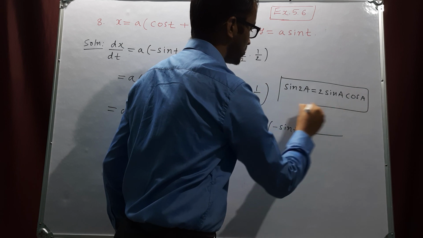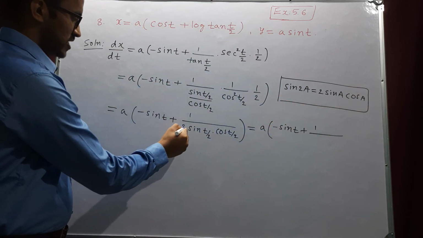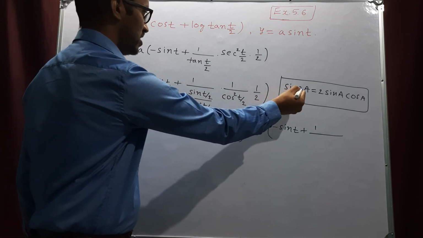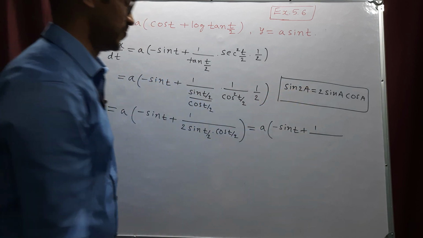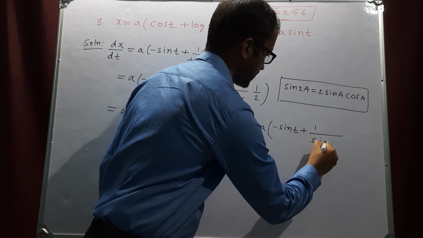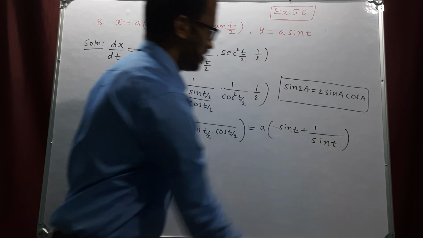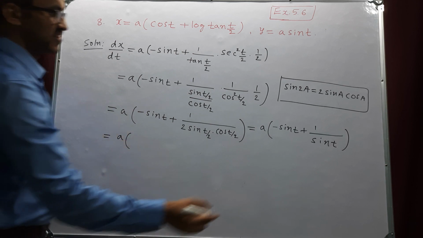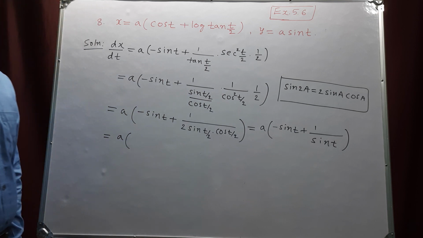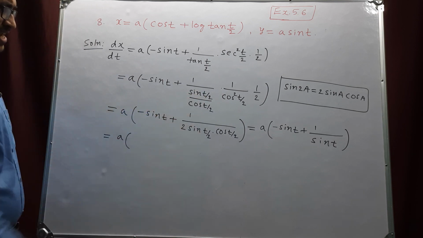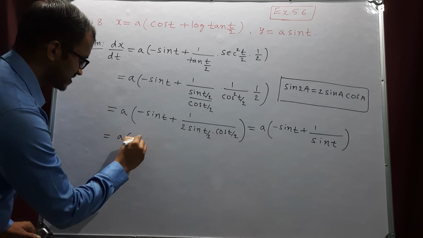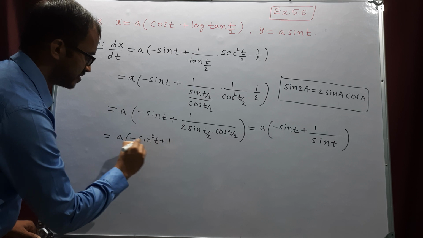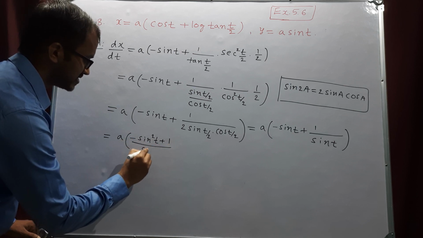So here 2 sin t by 2 cos t by 2 can be written as sin 2 times t by 2. So that is sin t. So that is a into, again if I take sin t as LCM, minus sin t into sin t becomes minus sin square t plus 1, whole divided by sin t.